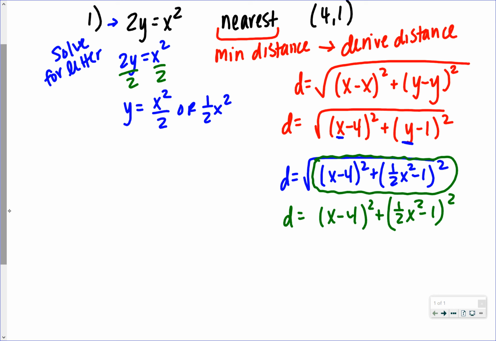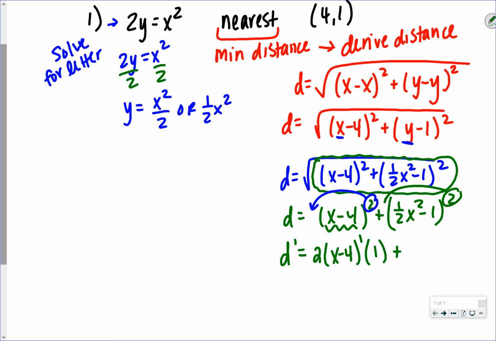So d prime will be, using the chain rule, take the 2 to the front: 2 times (x minus 4) to the first power, and the derivative of my inside is just 1, plus, bring the 2 to the front, 2 times (1/2 x squared minus 1) to the first power, and the derivative of the inside is 2 times 1/2, so that's just 1x.